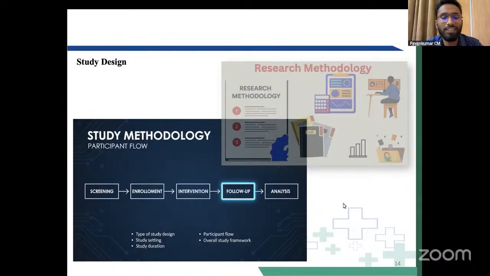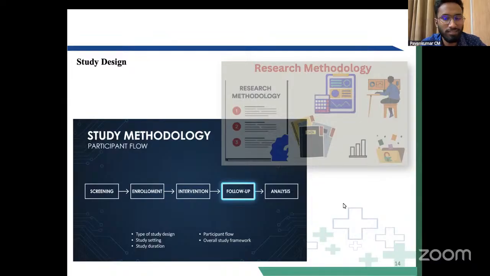First, we specify the type of study. For example, as we discussed, the many kinds of studies: cross-sectional, cohort, case control, randomized, and quasi-experimental studies. The study setting describes where the research will be conducted, such as a hospital, a community, an outpatient clinic, or a laboratory.